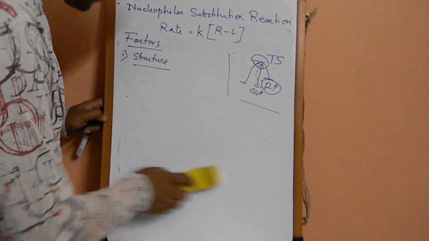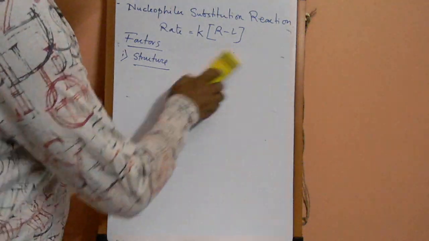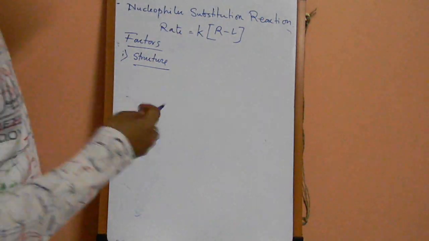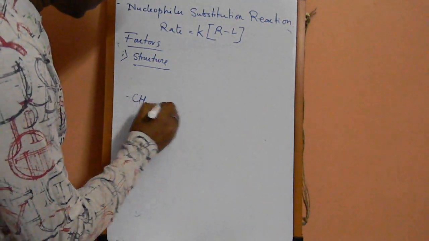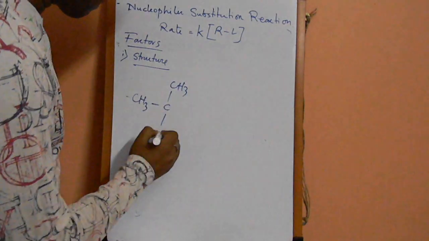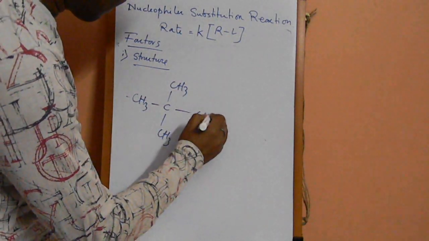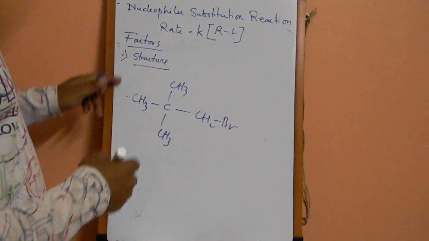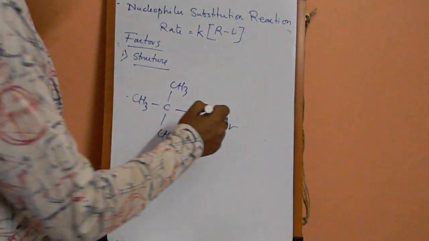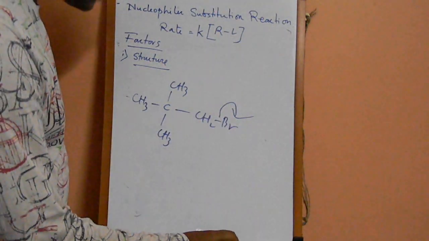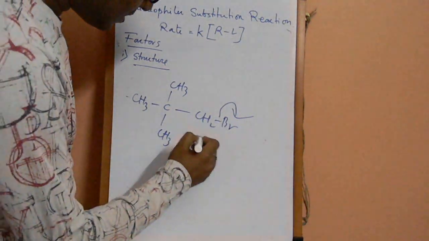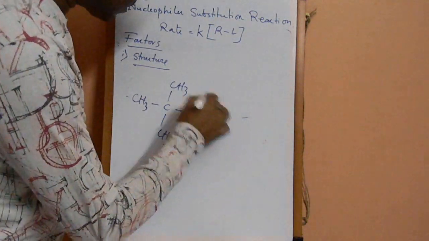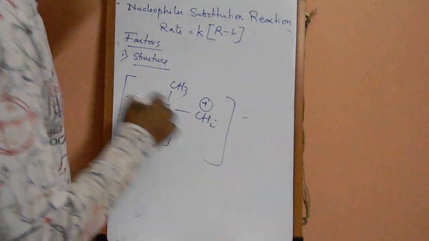Another very good example is the neopentyl type substrate. For a compound like this, to participate in the SN1 reaction, you will remove this one and the resulting carbocation will be this one.